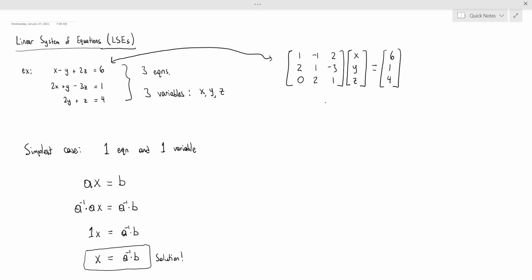Okay, so the matrix of coefficients here, we'll call that A. The vector of unknowns, we'll call that a vector x. And then the right-hand side, we'll call that a vector b. So you can do this with any linear system of equations.